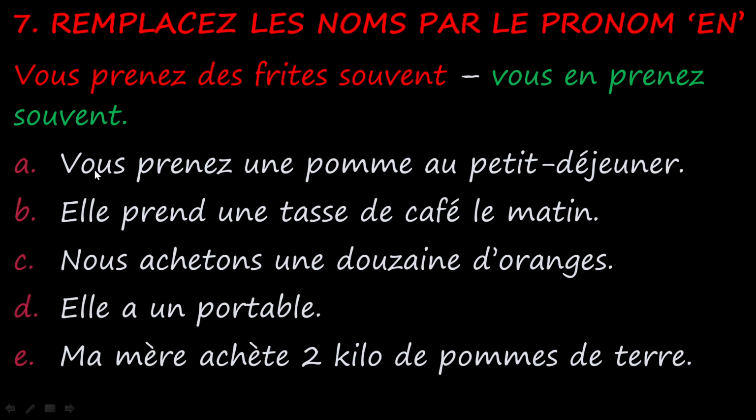So the first sentence: Vous prenez une pomme au petit déjeuner. For breakfast, you take an apple. Now you can see after the verb, une pomme is given, so you have to replace une pomme.